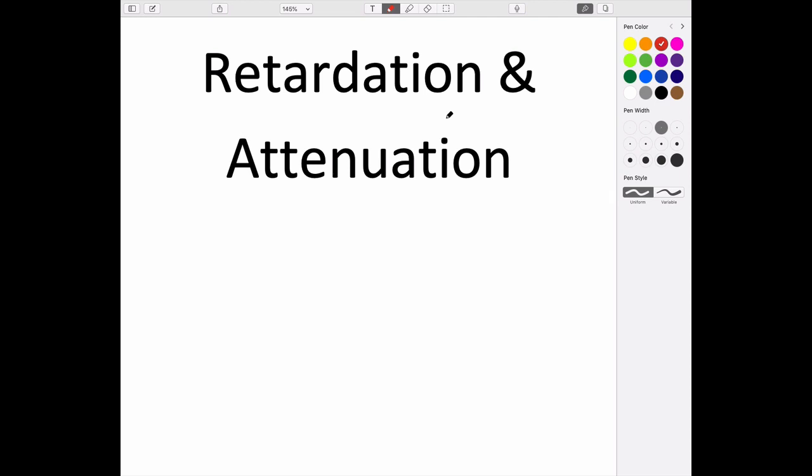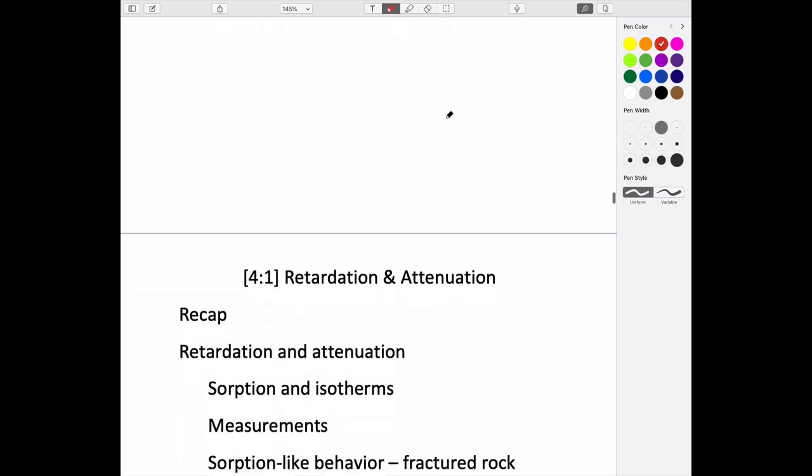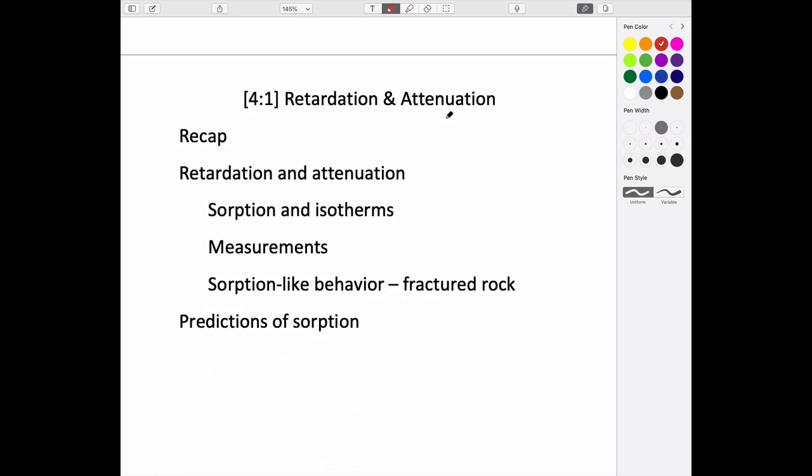Retardation means it gets there late, it's retarded, and attenuation means it gets there at a lower concentration. The mechanism that contributes to this is sorption of the mass onto the solid substrate. Typically when we take the behavior of an aquifer, we suck the fluids out and measure the concentrations, and if part of that mass has been put onto the aquifer, we don't see it because it may be upstream from where we're currently sampling. That's the issue we're dealing with here, and we'd like to look at what we'll refer to as non-conservative transport.